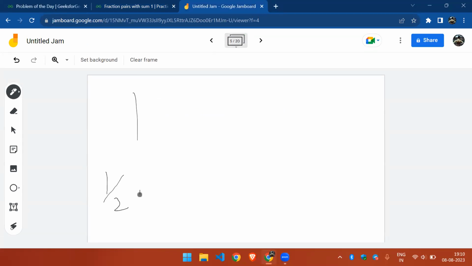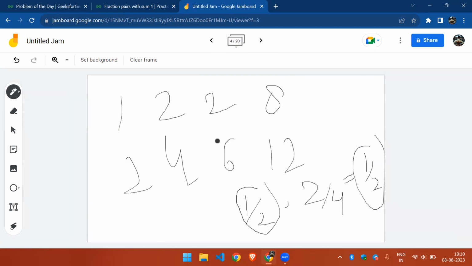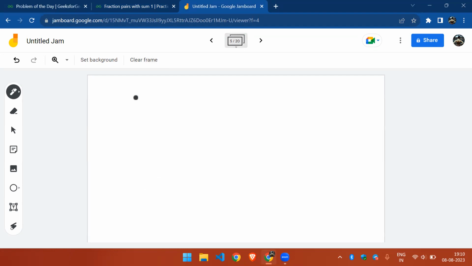So this 1 by 2 comma 2 by 4 is one possible answer that makes the sum equal to 1. So we increment the count, since we have to count the pairs. Again, we check this 2 by 6, so this is 1 by 3.